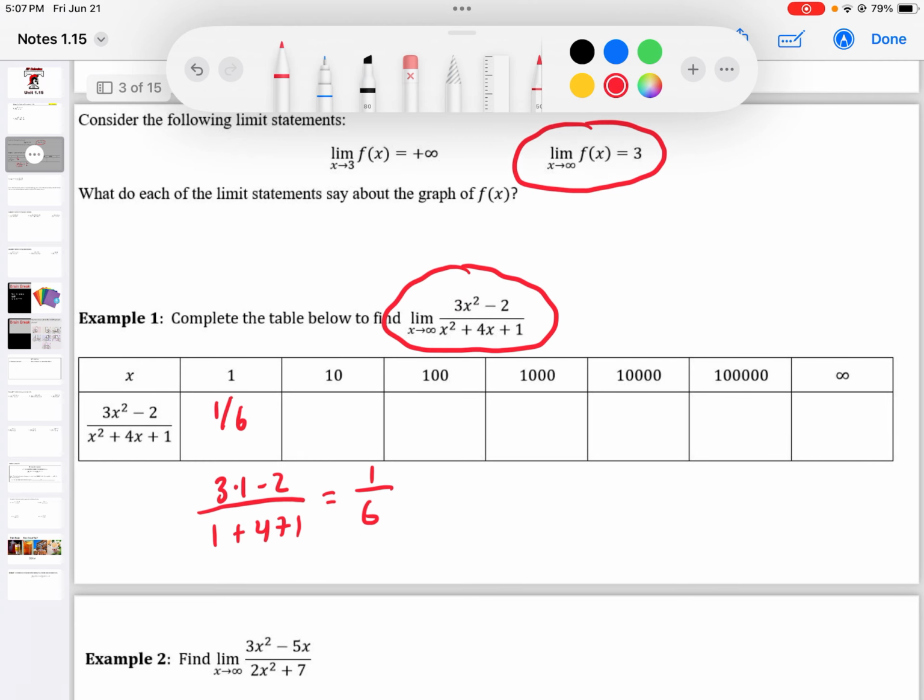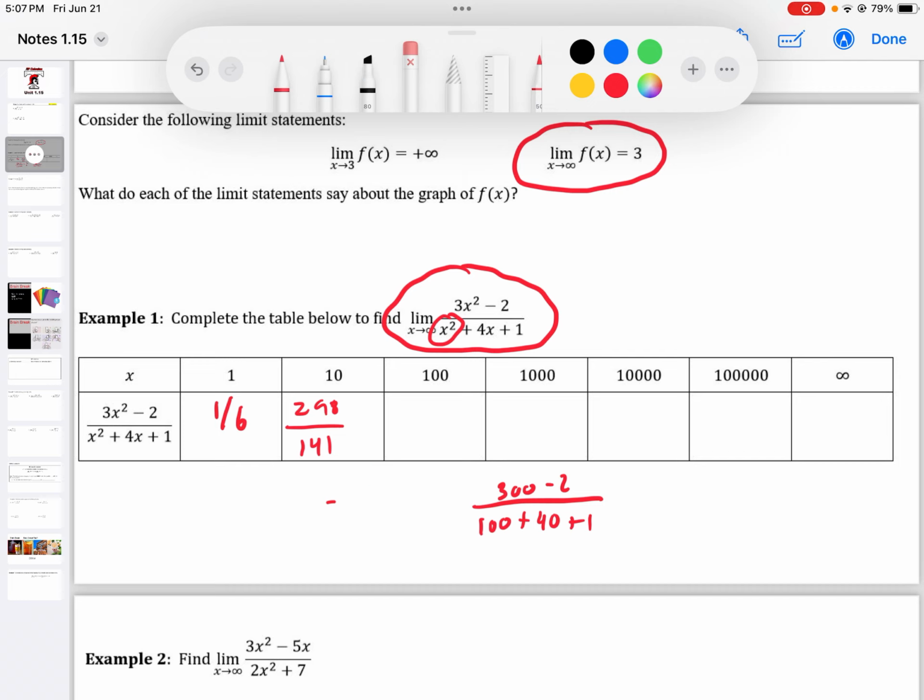Now, 10 squared is 100. 100 times 3 would be 300 minus 2 over 10 squared, which is 100, plus 10 times 4, which is 40, plus 1. So this would give me 298 over 141.